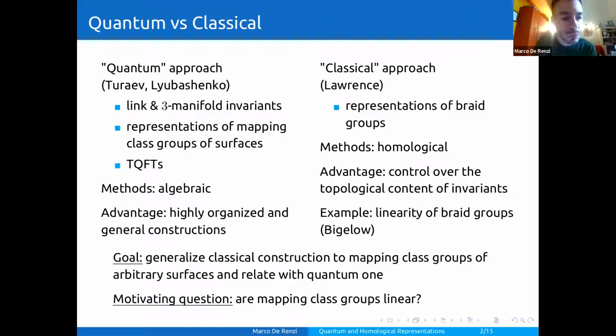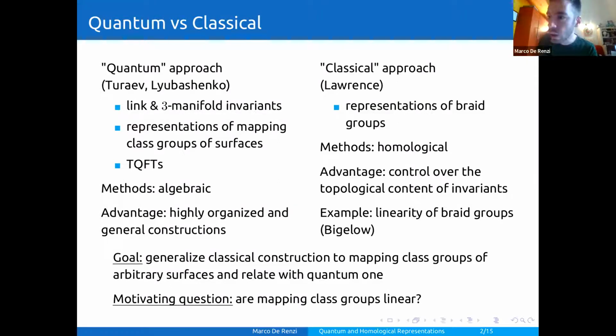And in quantum topology, we typically have a wealth of constructions, so a lot of invariants. We are able to construct link and three-manifold invariants, but also representations of mapping class groups of surfaces, and even more general representations of cobordism categories, which are called TQFTs, short for topological quantum field theories.